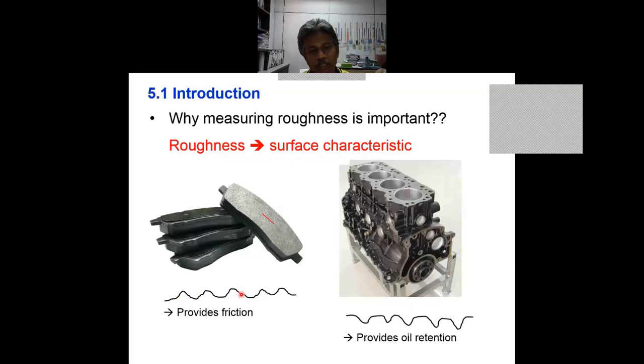When this becomes flattened, the peak to valley height, which is one of the simplest measures of roughness, the maximum to minimum peak to valley height, will decrease. So if you measure the peak to valley height and it decreases, then we know that it is time to change the brake pad. A very simple measure. Why? Because if the peak to valley height decreases, then this surface cannot provide sufficient friction.